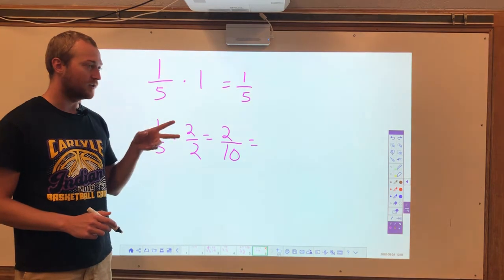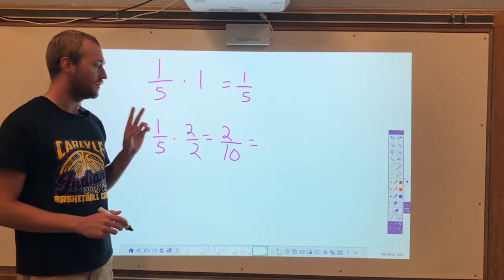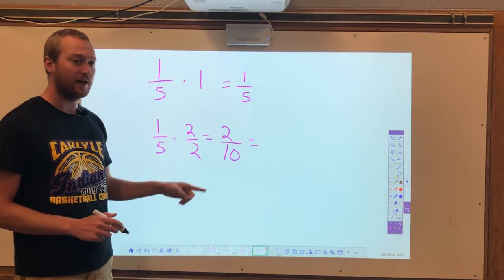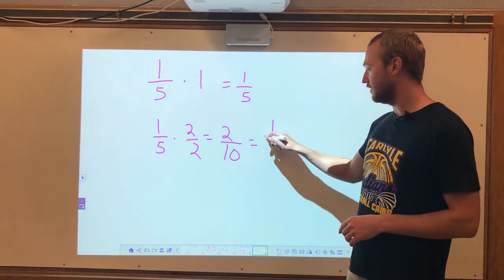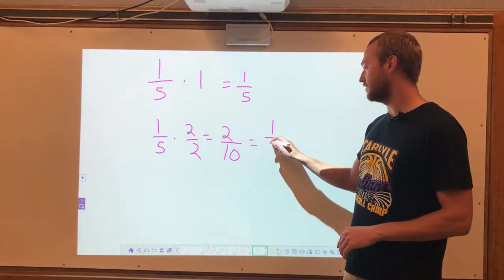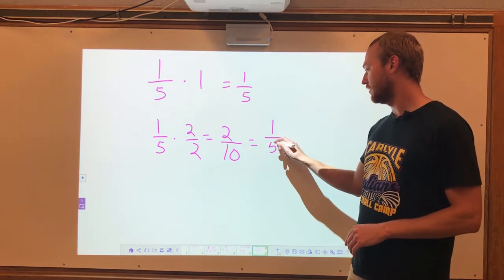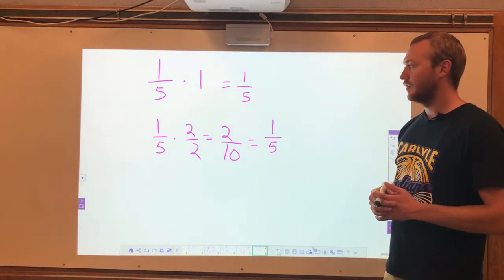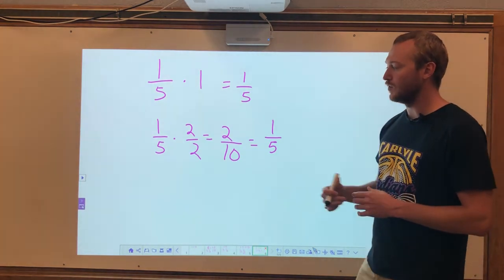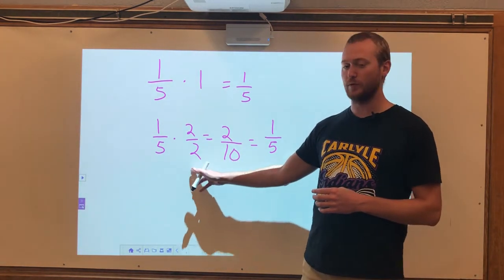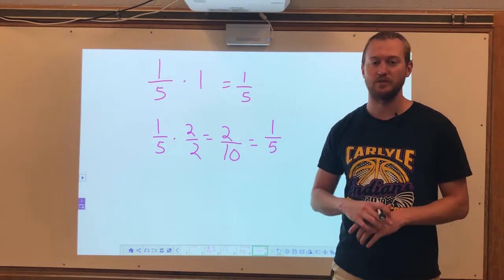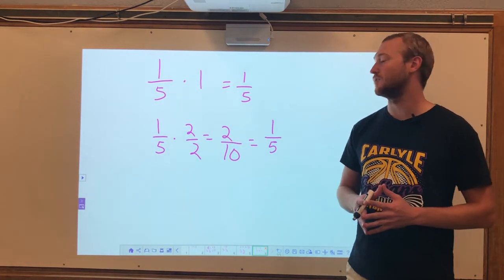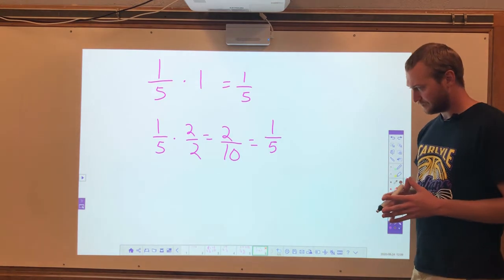That's going to be 2. We can divide both the numerator and denominator by 2. 2 divided by 2 is 1, and 10 divided by 2 is 5. So we multiplied by this fancy 1, and we're going to use this idea a lot with fractions, but also throughout math.